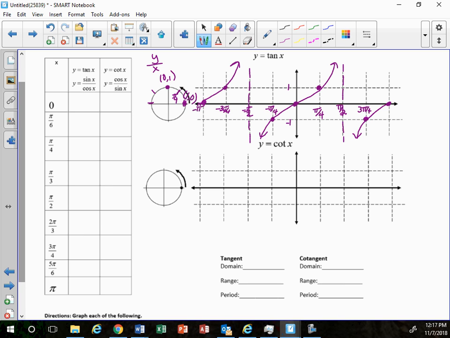One way to think about it, think of this concave up, right? And this concave down. So if you need to draw it in 2 pieces and then connect them, you can. But it does change concavity right there at the midline. Okay? Questions on tangent?